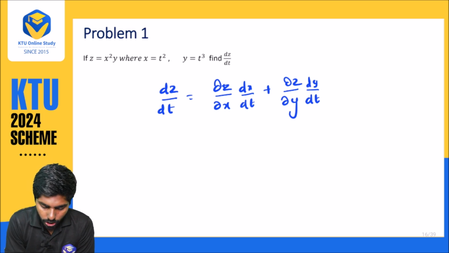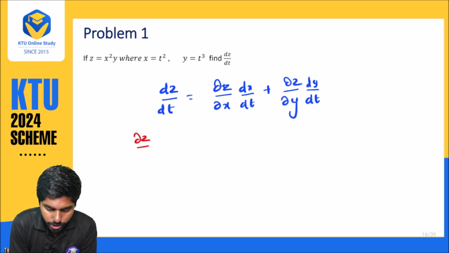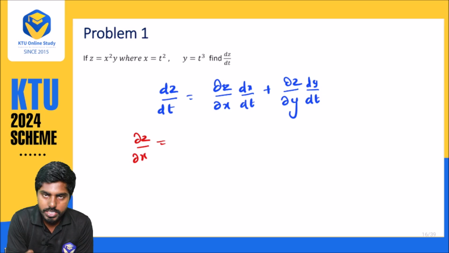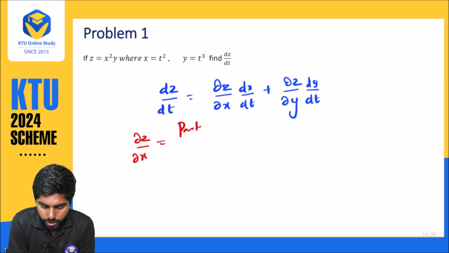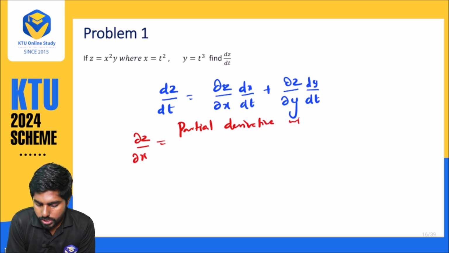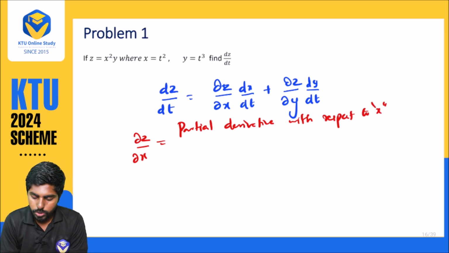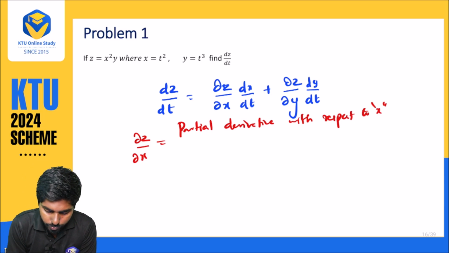Okay. So now what we want to identify is ∂z/∂x. What is ∂z/∂x? That is nothing but the partial derivative with respect to x. When we are taking the partial derivative with respect to x, what will happen? What have they given? z is equal to x square y.